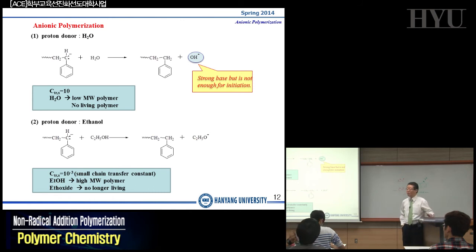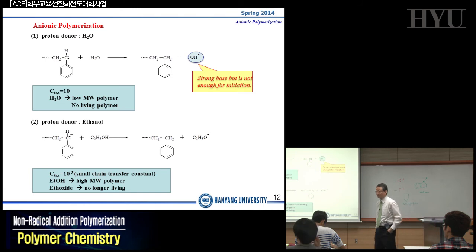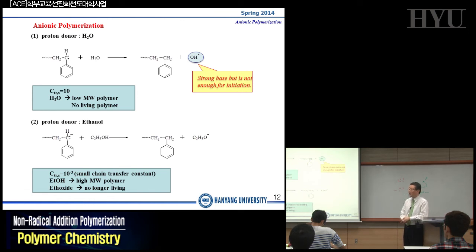So again, if you go back to the original anionic polymerization cases, the termination step is governed by the presence of water. So you should be very careful about the purification of your initiator and your monomer. Monomer should not have any water.